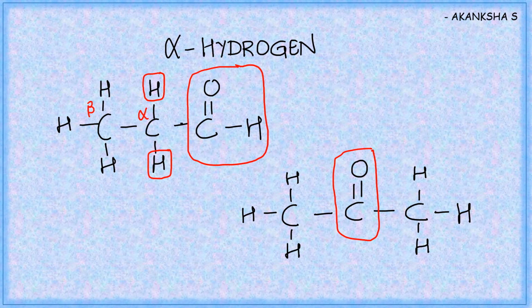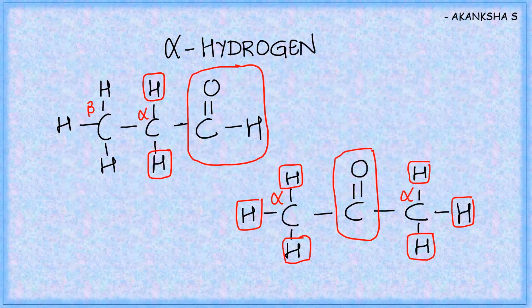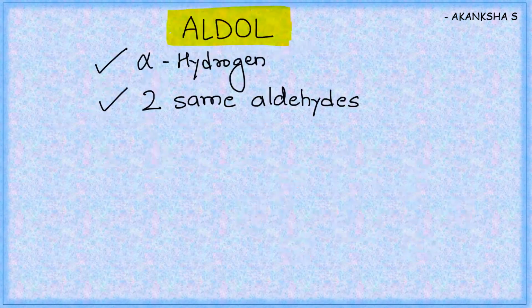You can see there are two carbons just next to the carbonyl carbon, and both of them would be called alpha carbons. So there are two sections of alpha carbons over here, and each hydrogen attached to them becomes an alpha hydrogen.